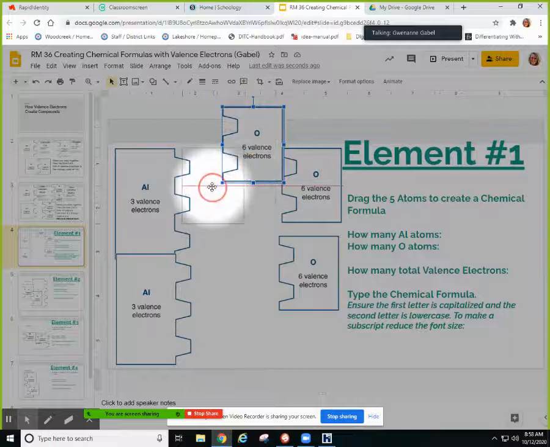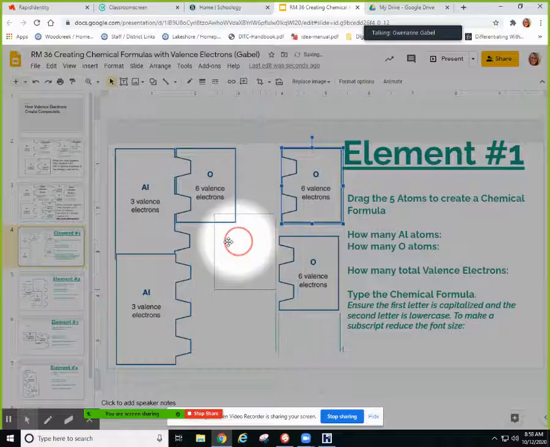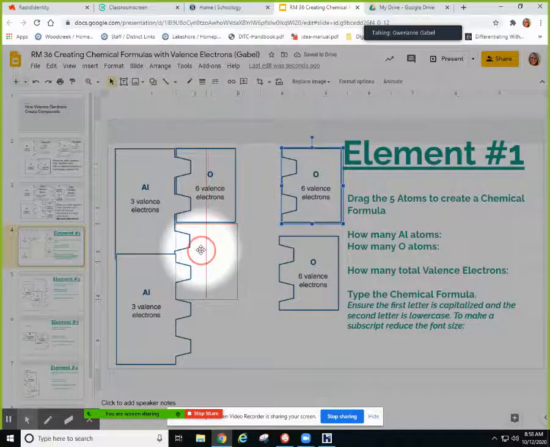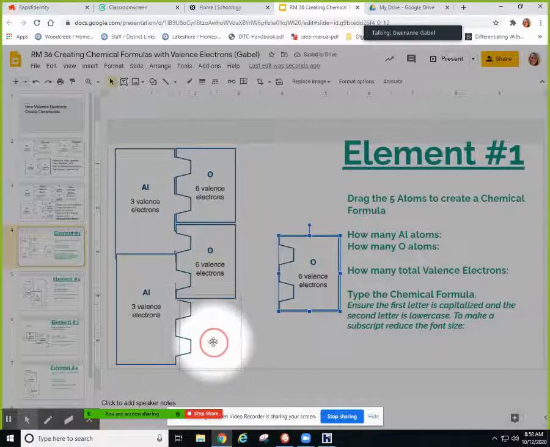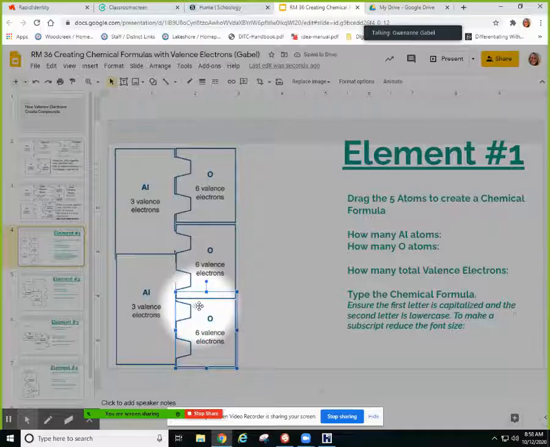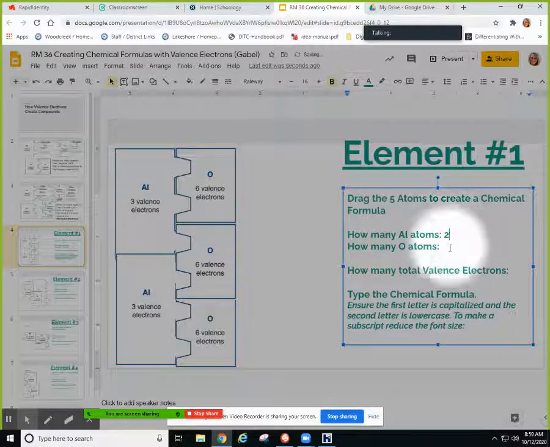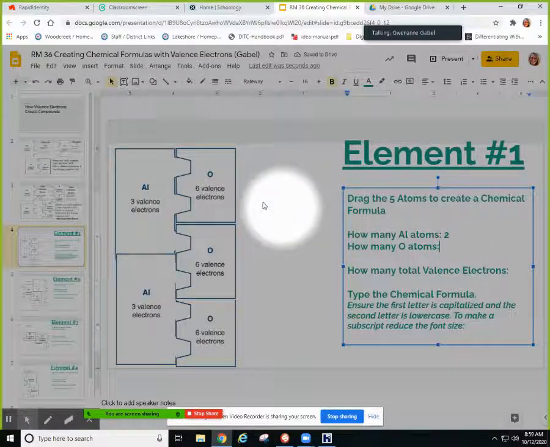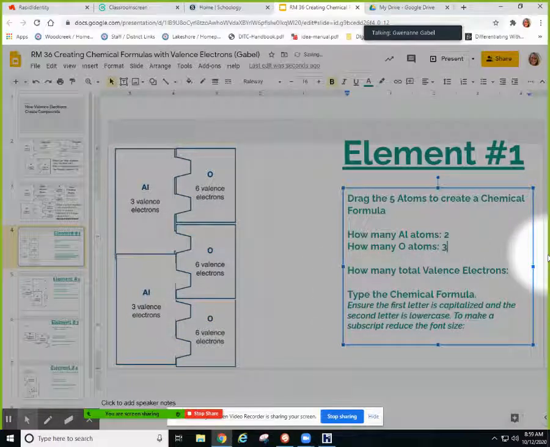This oxygen's going to bond here, and we're going to put this oxygen here, and this oxygen here. So what we're seeing is we have 2 atoms of aluminum. And we have 1, 2, 3 atoms of oxygen.